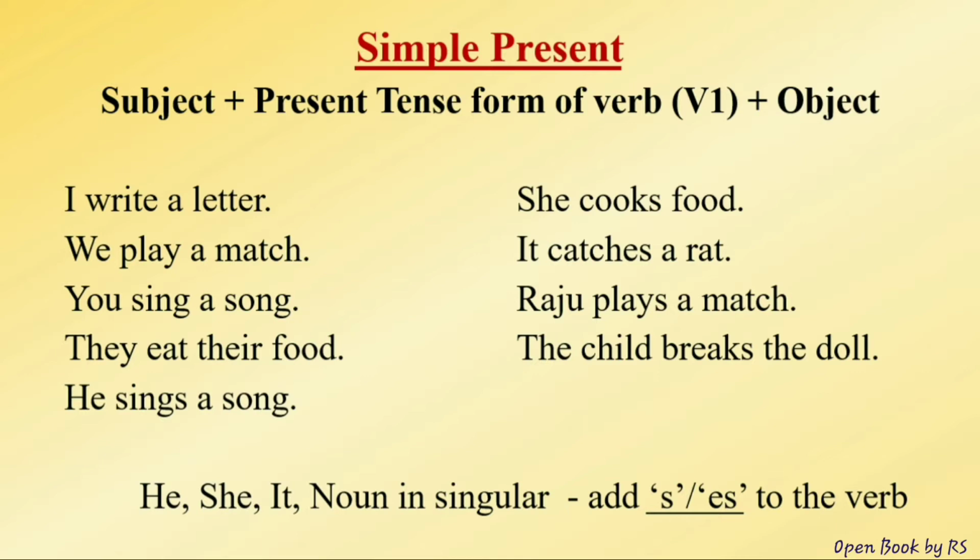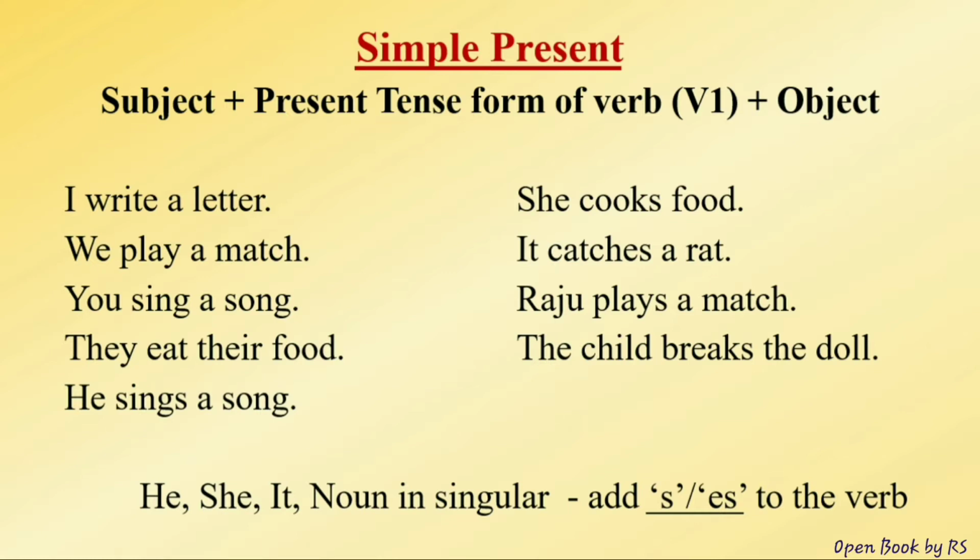So here is the rule. When the subject is third person singular, that is he, she, it, or a noun in singular, we should add s or es to the verb in this tense. Noun in singular: all our names, individual names, singular names are called noun in singular.